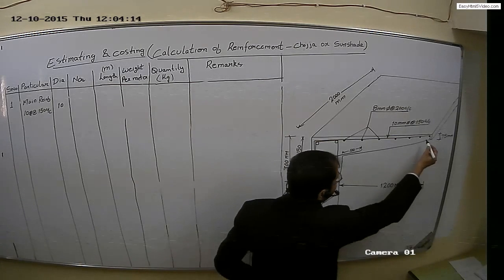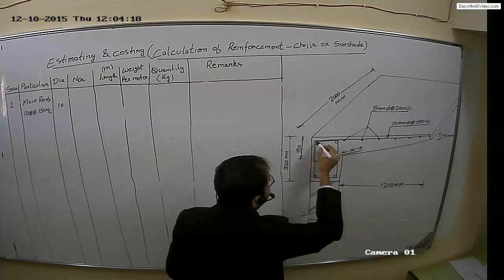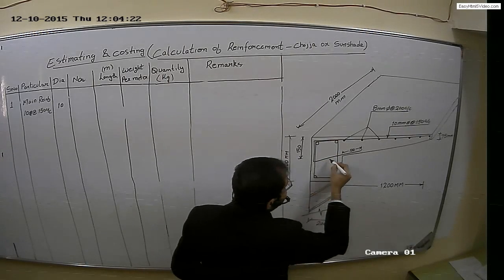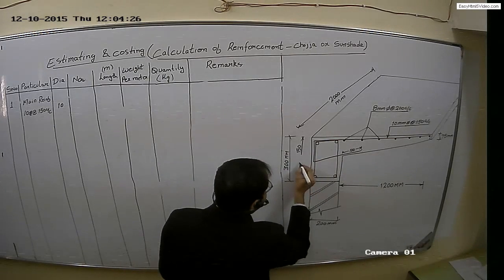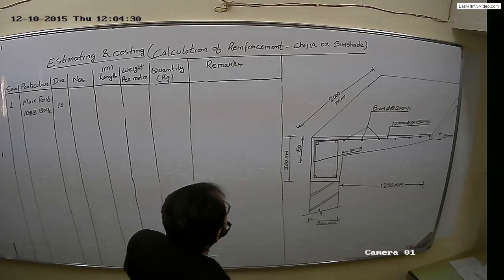So length of the bar will be from this edge to this edge, then up to this edge, then drop of 150, then this portion. This is around, we have taken as 150 mm.